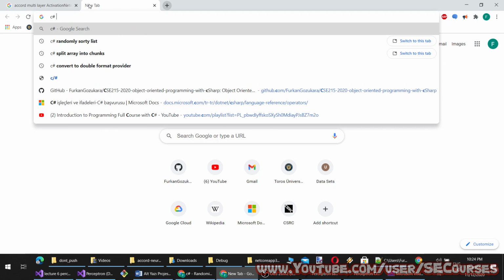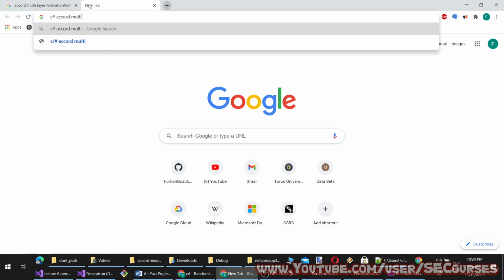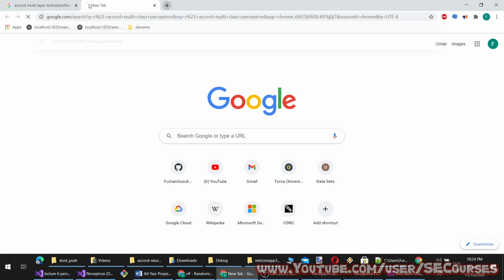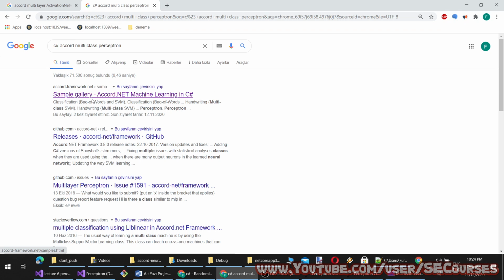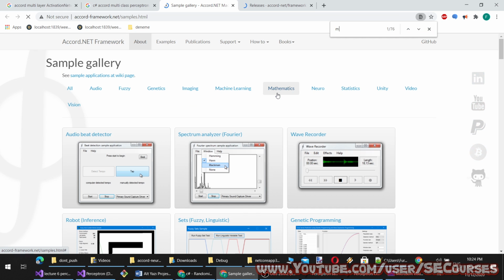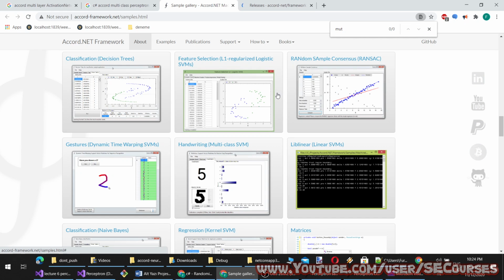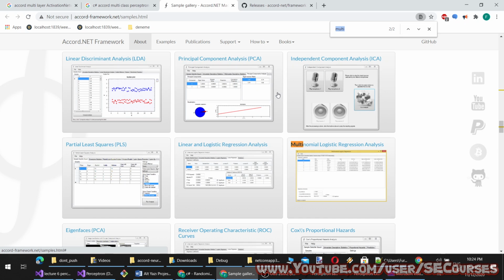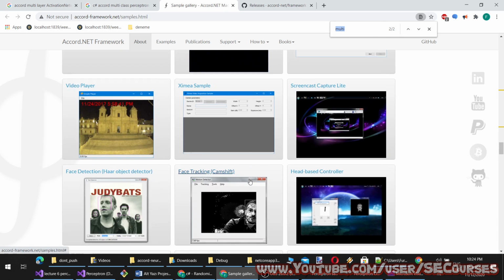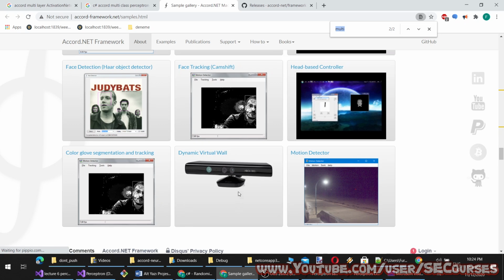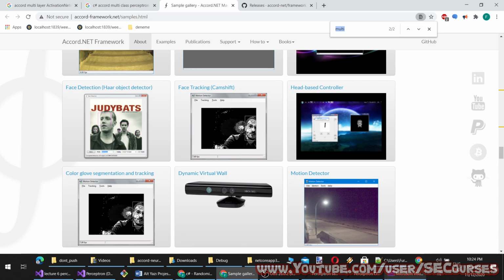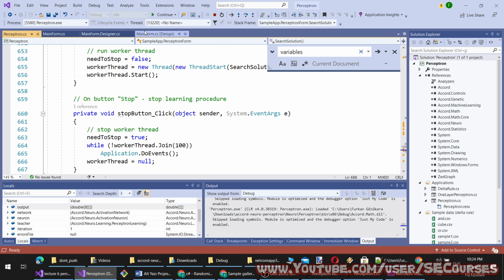Okay, record multi-class perceptron. I wonder if there is multi-class here.